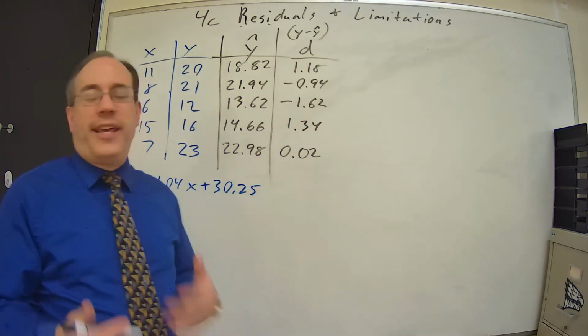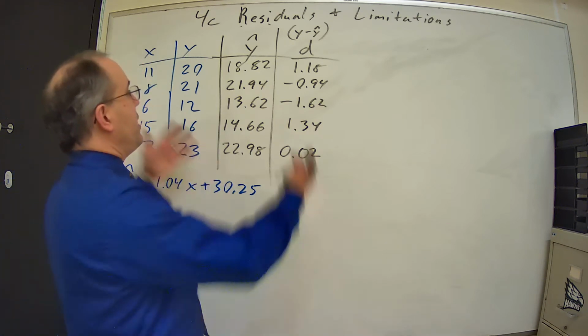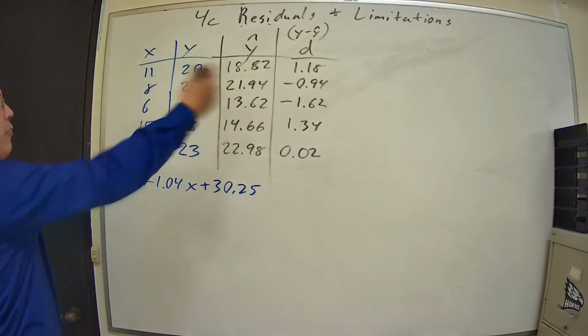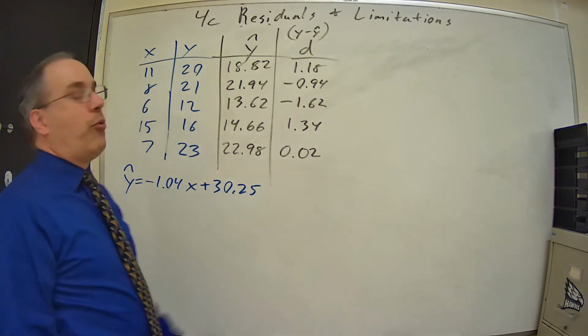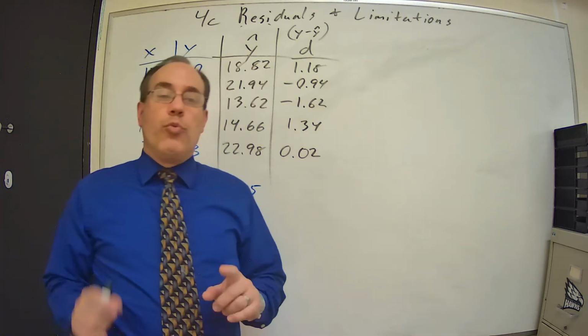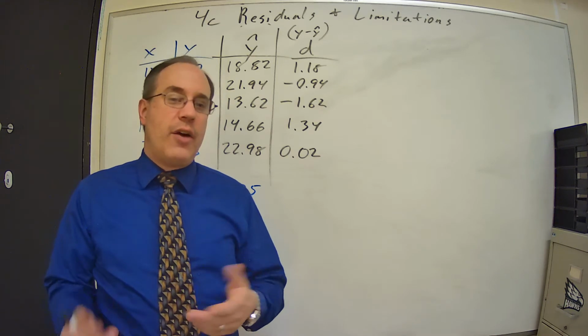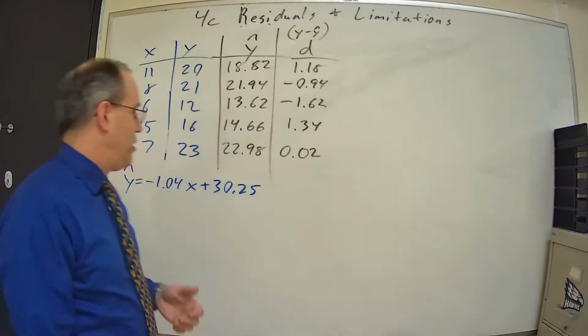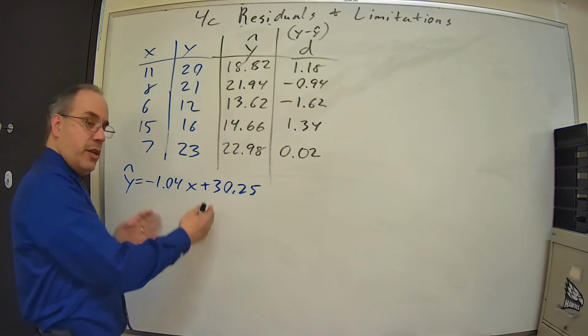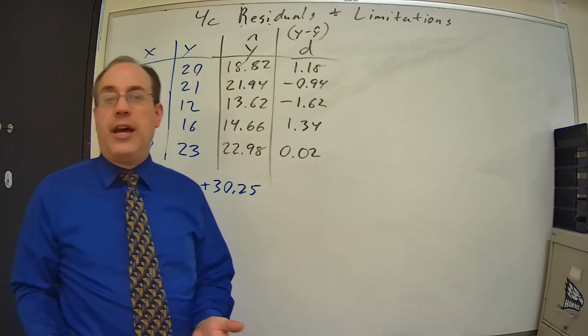So why do we care about these residuals? What do they do for us? It's like, yeah, they look nice. We found residuals. Great. Well, what are they going to do for us? What we're going to do is use them to find out a little bit about our regression equation and about the correlation that we have.